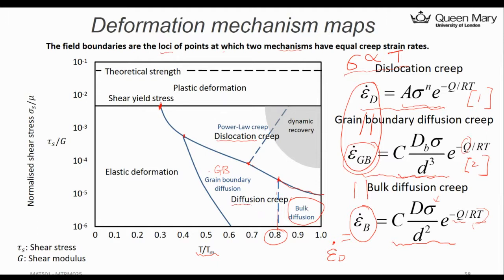Okay? You need to mention at least these things: diffusion creep, dislocation creep, and the separate mechanisms for diffusion creep, grain boundary and bulk diffusion. And also remember to plot the axes. So the axis goes from 10^-1 to 10^-6, with the theoretical strength and the shear yield strength.